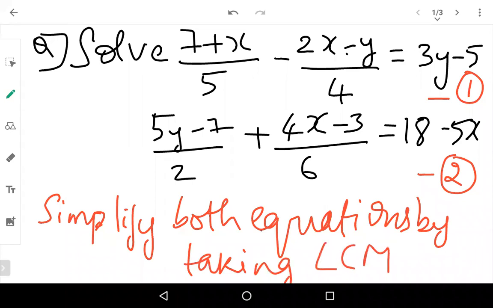We are going to consider each equation and take LCM for that, and then we will be able to get it to one proper equation.